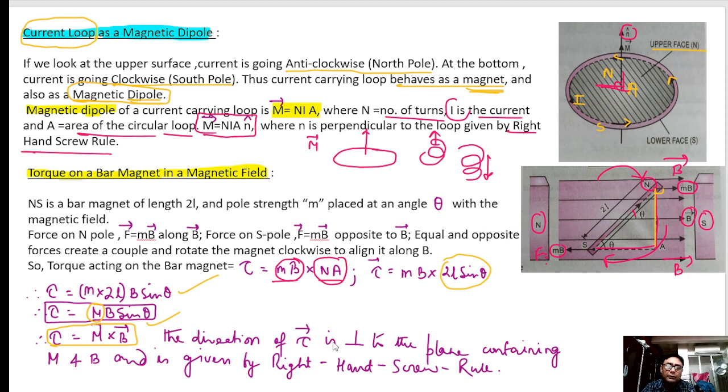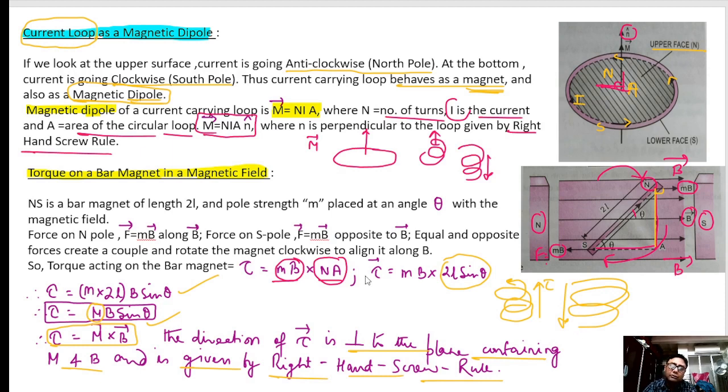The direction of the torque is perpendicular to the plane containing M and B, and is given by the right hand screw rule. Please note that if you go up, the torque will act like this, and if you go down, the torque will act like this.